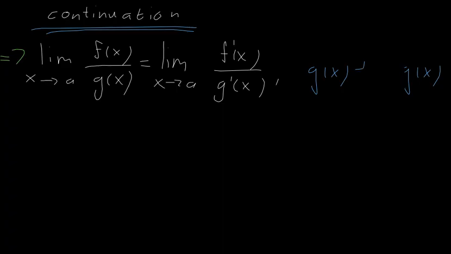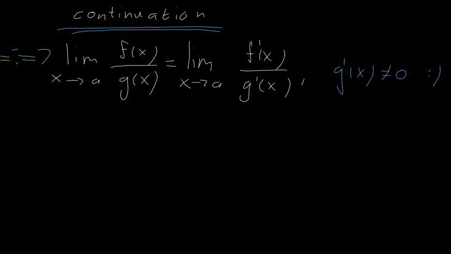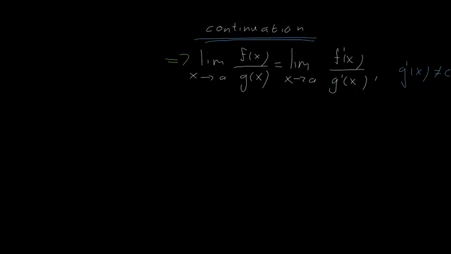Make sure that you drill this in: g prime of x cannot equal 0. In other words, you can use L'Hôpital's rule as long as you're taking the limit as x approaches some number a of some function divided by another function, provided that the function at the bottom cannot equal 0, and when you take the derivative, it doesn't give us an indeterminate form.